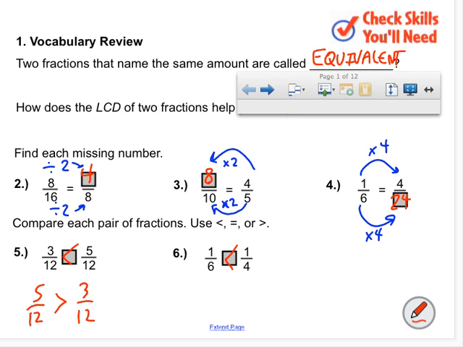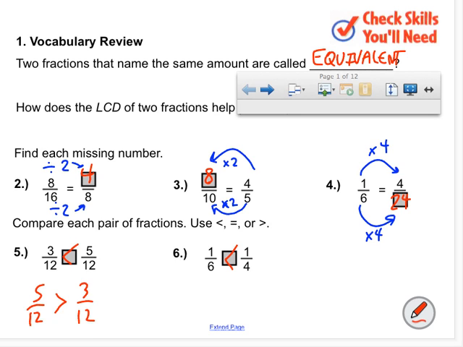The other pizza that I cut into 4ths, each slice is how much? 1/4, right? So the numerators are the same, but which piece is bigger, 1/2 or 1/4? 1/2 is bigger, right? So if the numerators are the same and the denominators are different, the pizza that's cut into more slices, those slices are less. Does that make sense?